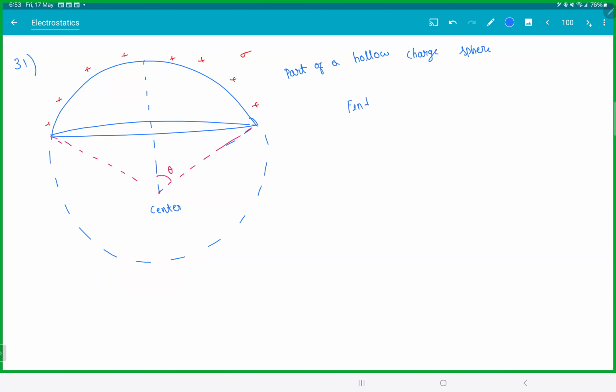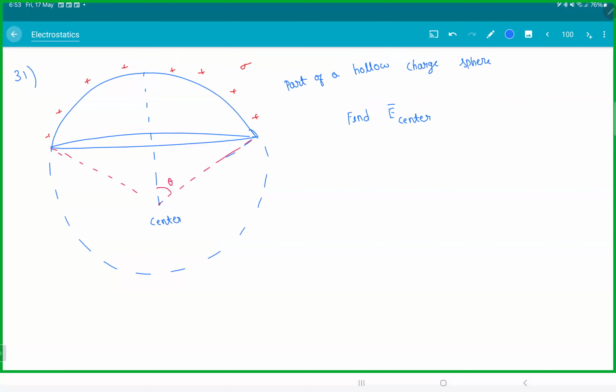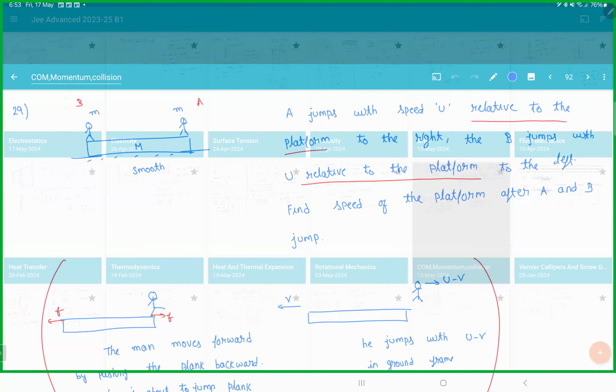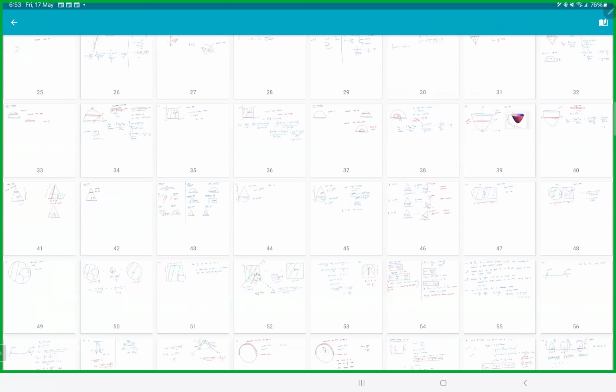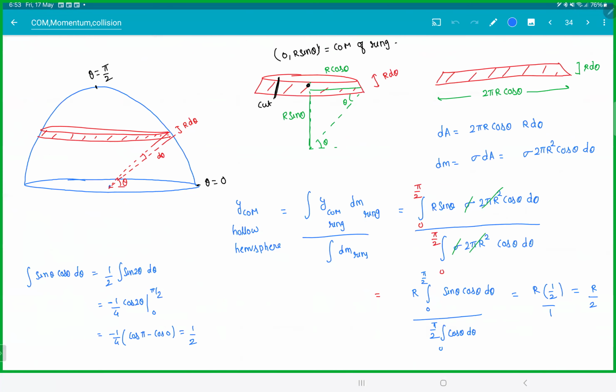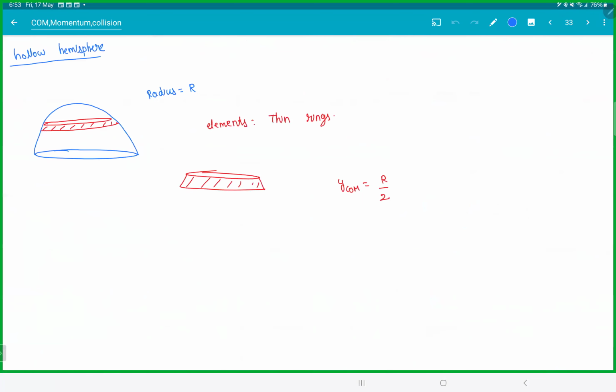Potential is easy. How to take elements for a hemisphere? Remember, this is how we found it for hollow hemisphere.